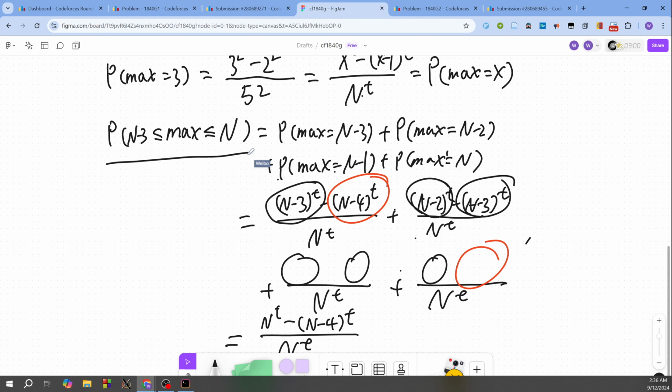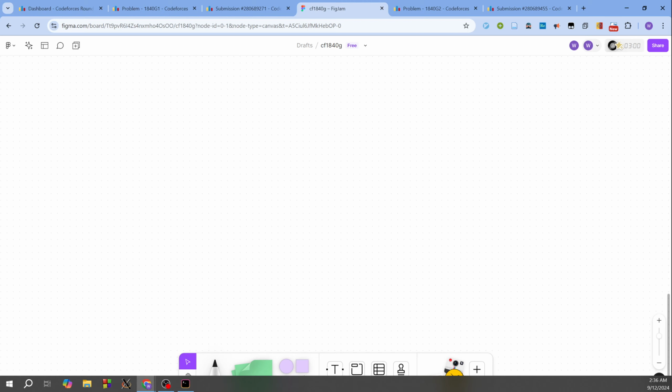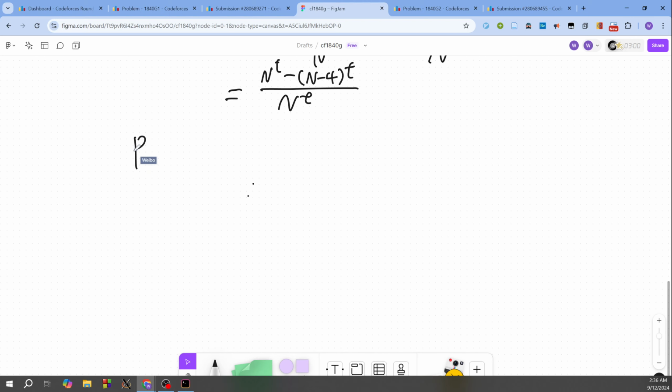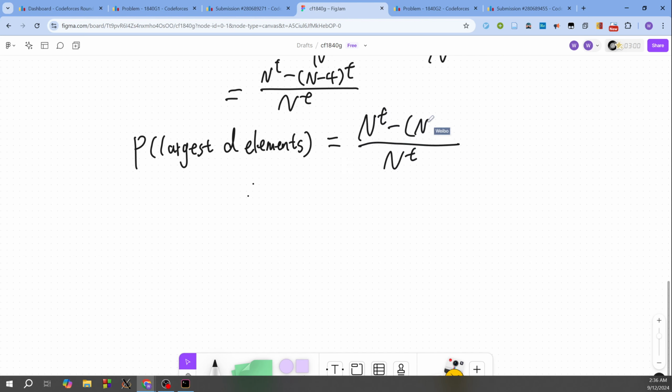When we try to abstract this four away, we get something like P(largest d elements) equal to (n to the t's power minus (n minus d) to the t's power) over n to the t's power. And this can be rewritten in this way.